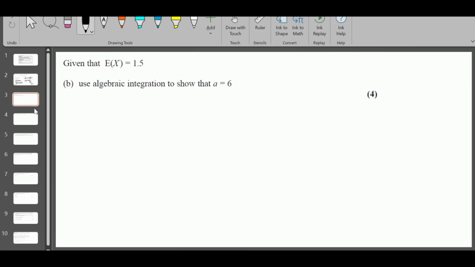Part B now. Use algebraic integration to show that a is equal to 6. We know E of x is 1.5, right? How do we find E of x? The integral of x times f of x dx is 1.5.